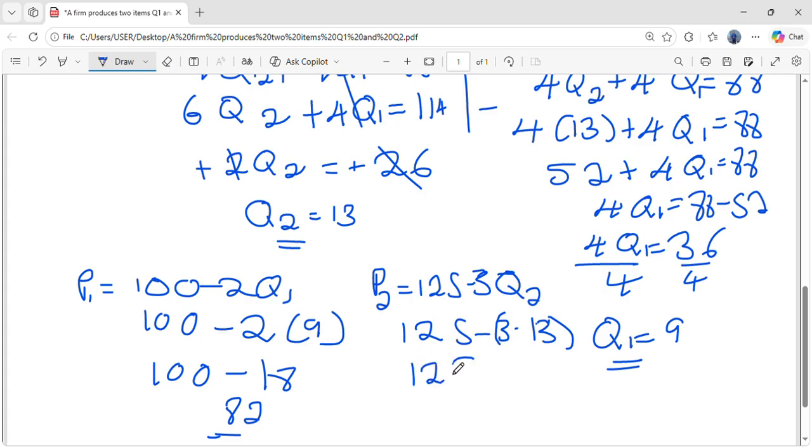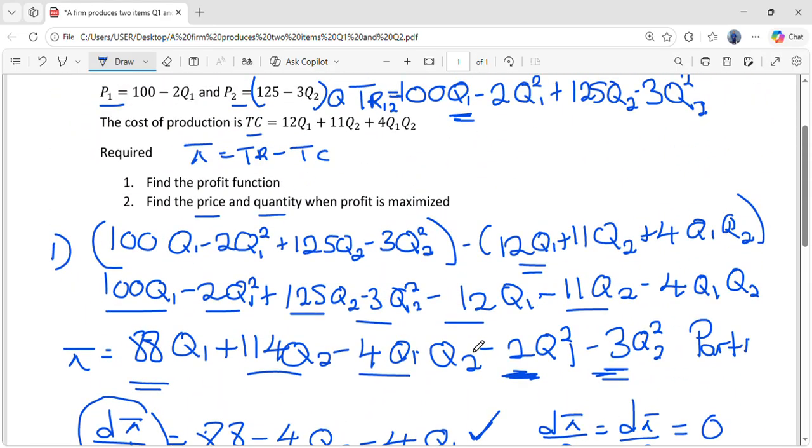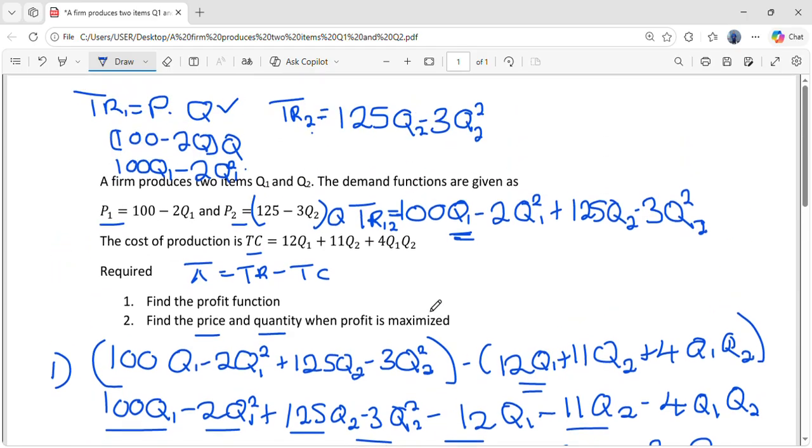So it will be 125 minus 39, and when we say 125 minus 39, we get the value to be 86. So this is how you calculate the profit function that we did in number 1, and secondly, we have calculated the price and quantity when profit is maximized.